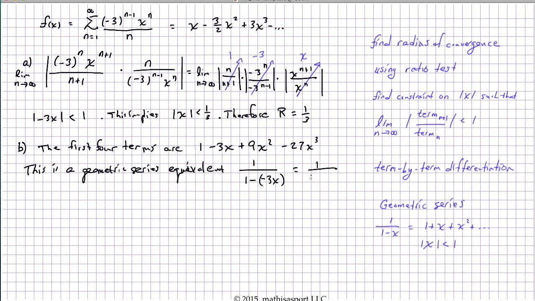So we can write that as 1 over 1 plus 3x. So it's a geometric series equivalent to this over the interval of convergence.